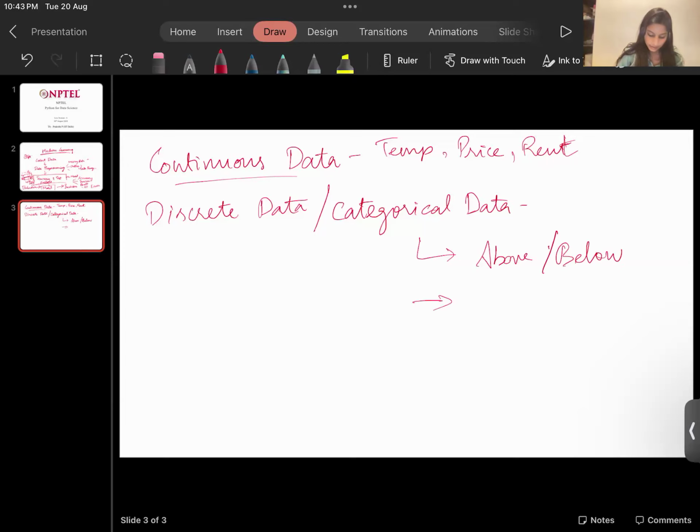And the monthly salary being above 50,000 or below 50,000. So predicting events where the outcomes could be two or more categories involves this kind of data.